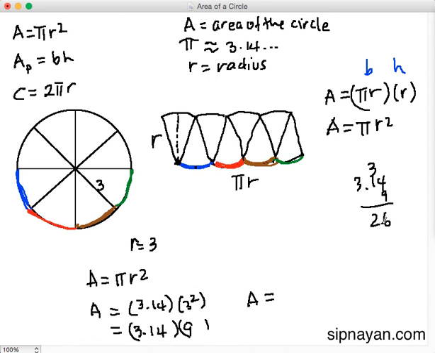So this is 12 carry 1, so 28.26 square units. So approximately 28.26 square units. Yung pinaka-area natin.